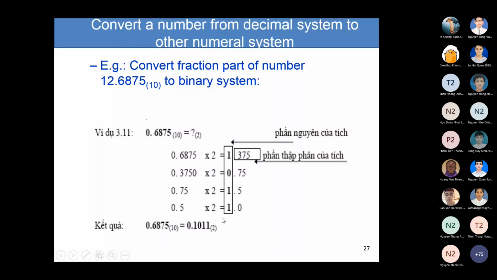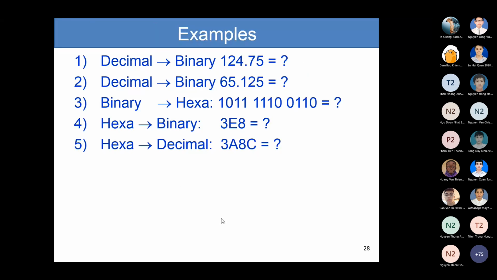So this is the way to convert a fractional number in the decimal system into the binary system. Okay, so it's simple. There are some small exercises for you. Here are 4 exercises. The first and second: convert a number from decimal into the binary system.